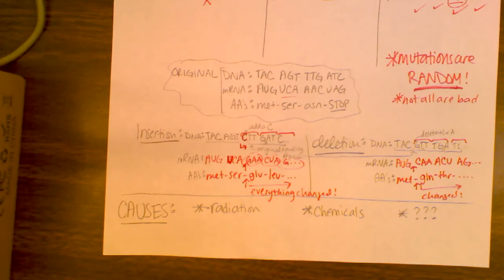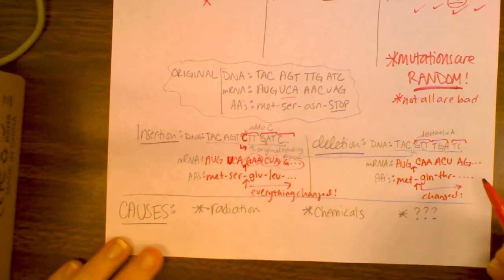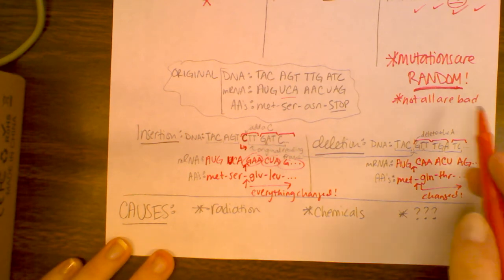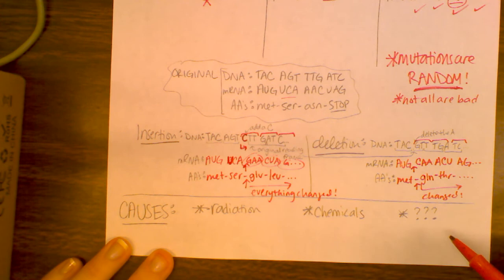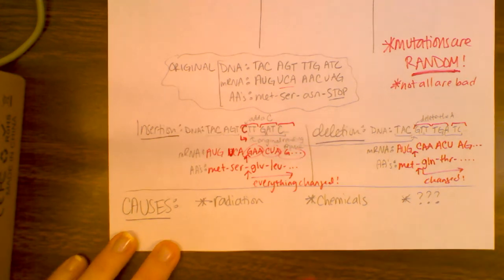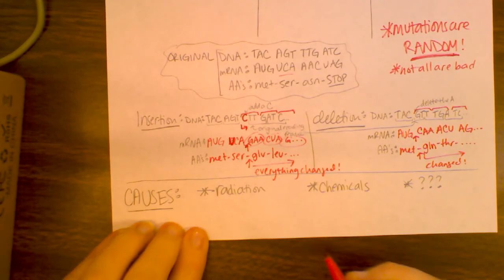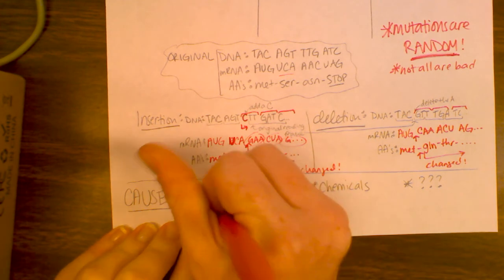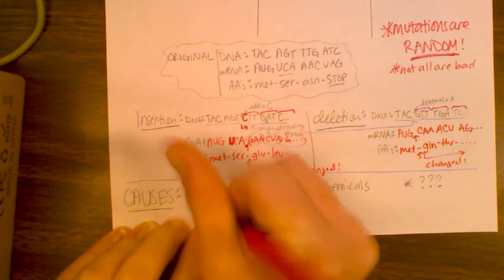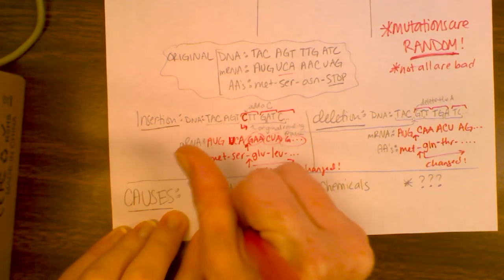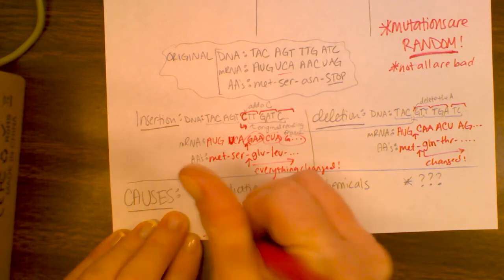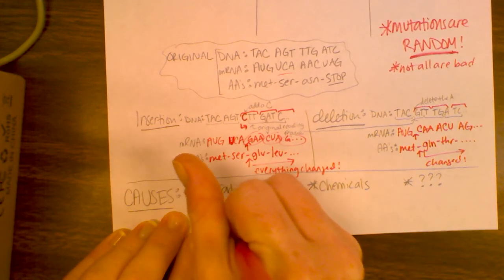Now, the causes of these, we say that they are random, but there are certain things that can stimulate them to happen. That doesn't mean it stimulates certain kinds of mutations. It just stimulates mutations to happen. So radiation, that's like X-rays, UV rays, gamma rays, things like that.